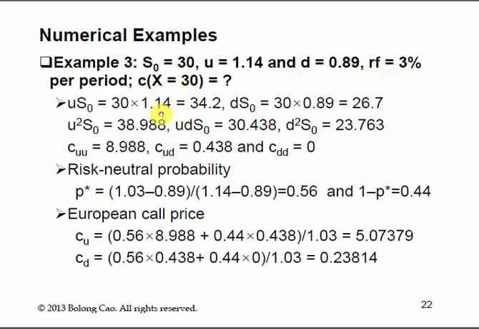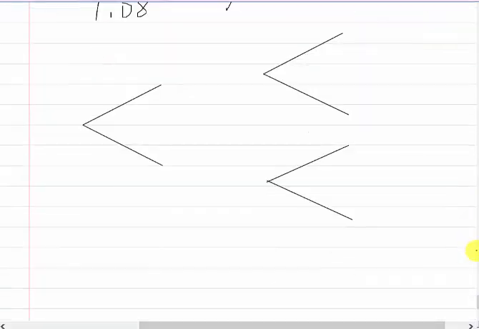Because we have a $30 strike, it takes 30 out of all these underlying prices at the end of the second period, except the last one. The last one is below 30, so the call is out of the money. So put 0 for the down state.